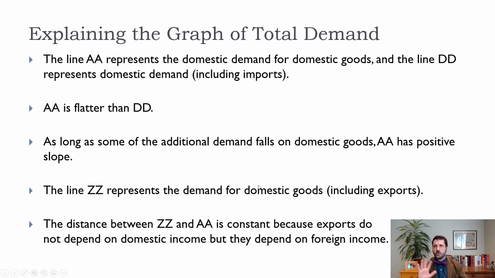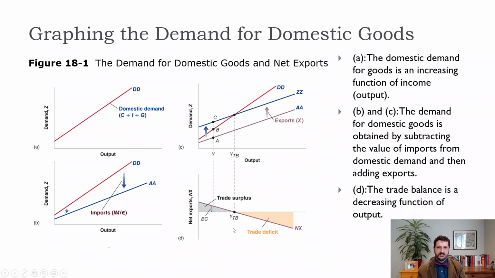So we're going to use this graph, right, especially this double graph here, to think about what happens when we get a shift in demand, either domestic demand, foreign demand, or a change in the real exchange rate, and then we can see what's going to happen both to output and to the trade surplus.